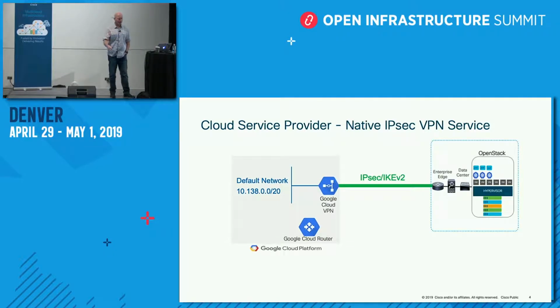AWS has one, Azure has one, Alibaba has one, many people have one, where you can simply go into the dashboard or an API or CLI and turn on IPsec point-to-point between the two, and then optionally, you can wrap dynamic routing into that environment through BGP. Static routing, obviously, is available as well.